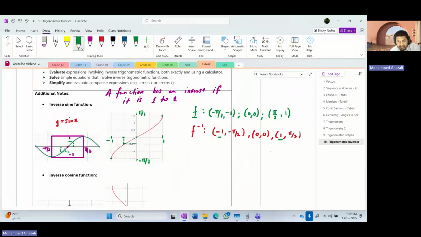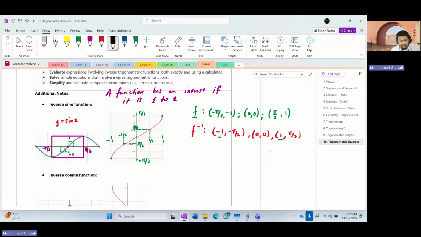If you go to negative half here, this point is about negative pi by 6, and if you go to half, this point is about pi by 6. Remember, this is half, and this is negative half. I hope you understood that.